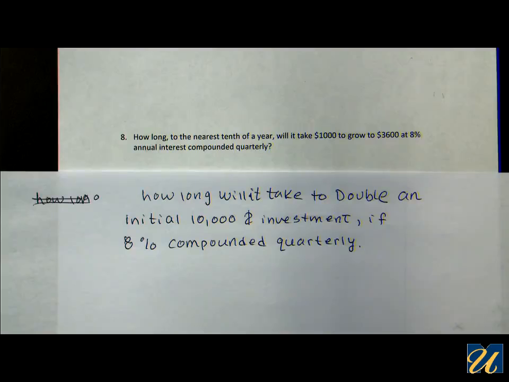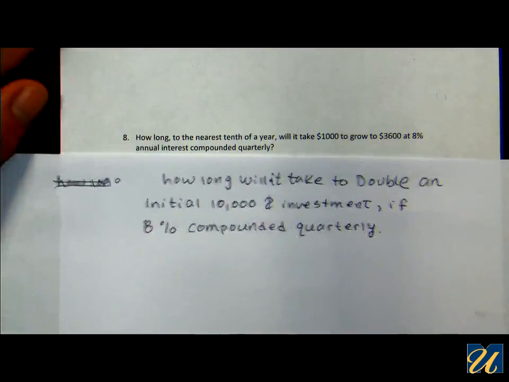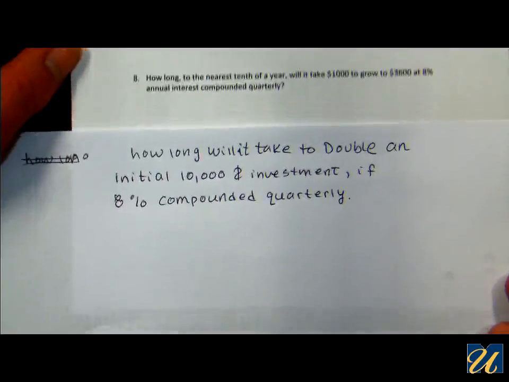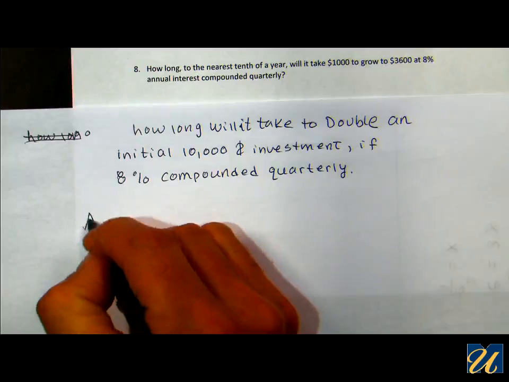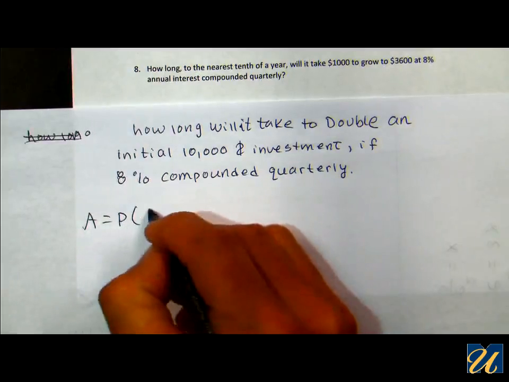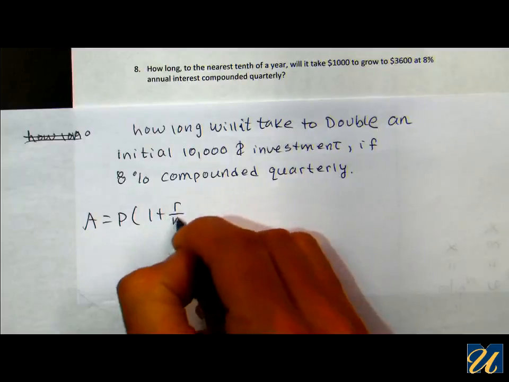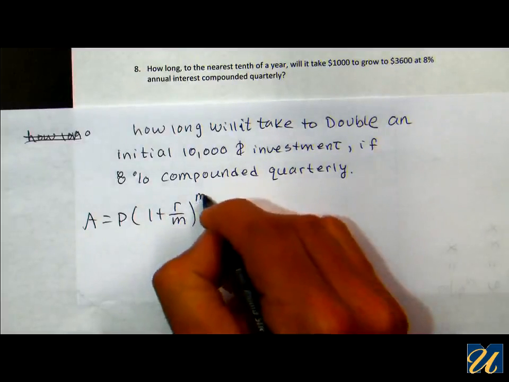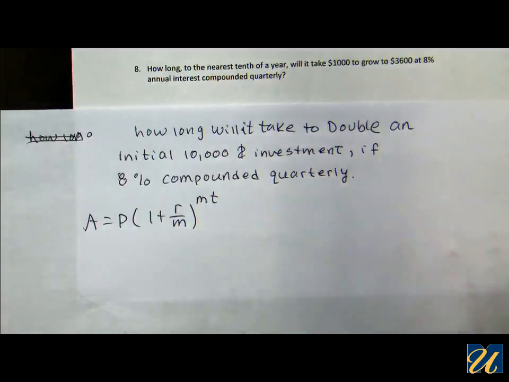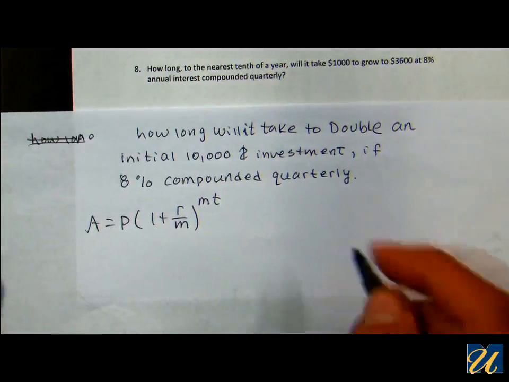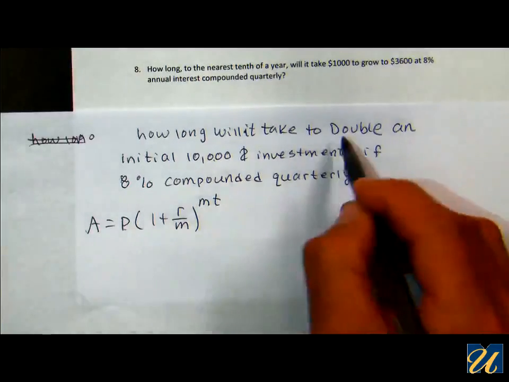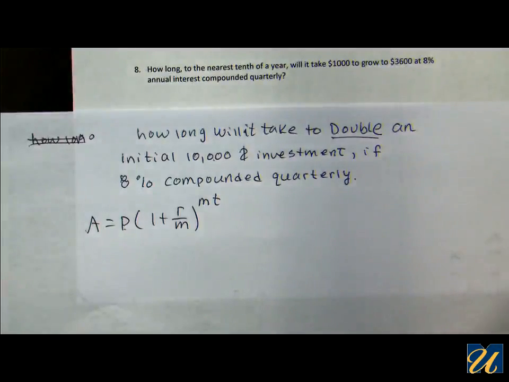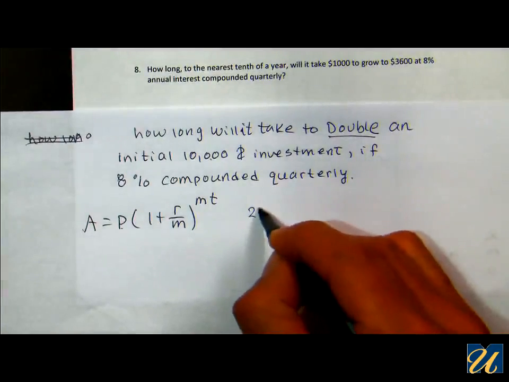Okay, so let's get the compound interest formula here. A, the amount, is equal to P times 1 plus R over M to the power M times T. Okay, let's put in the values. Now the initial is $10,000. That's P. But if you want to double your money, then the amount that you're going to get out is $20,000.